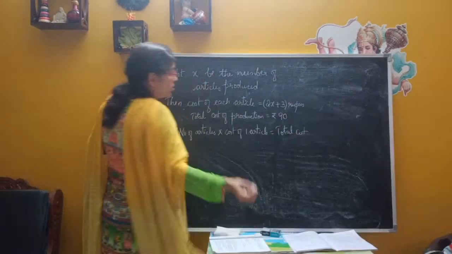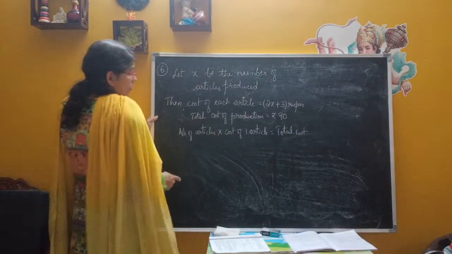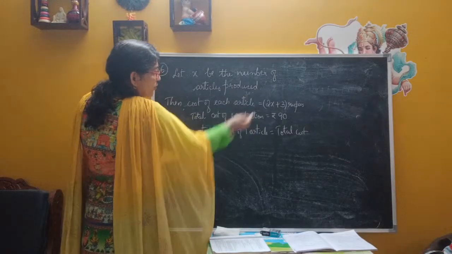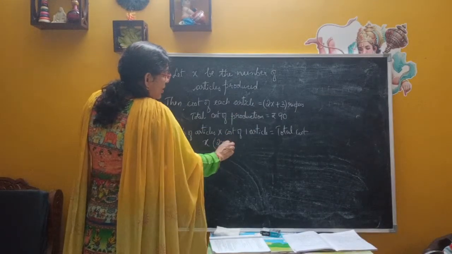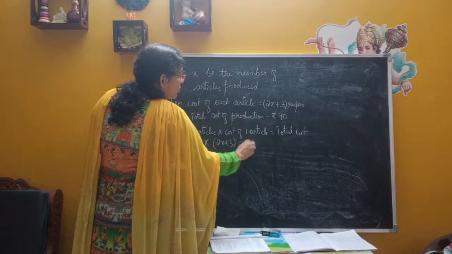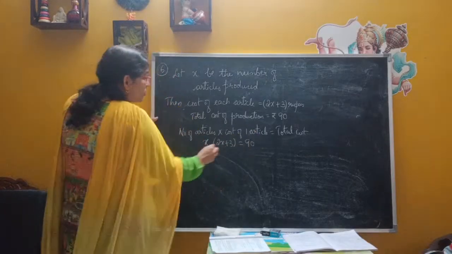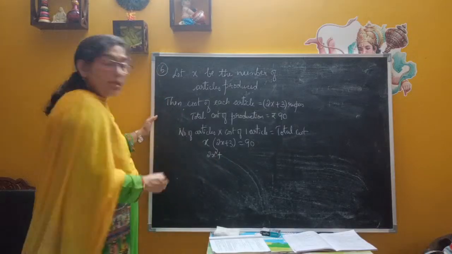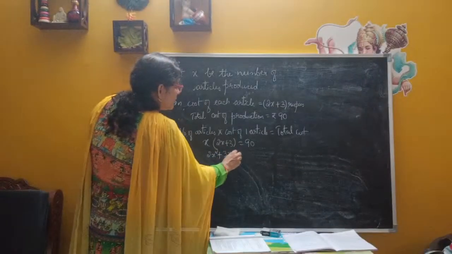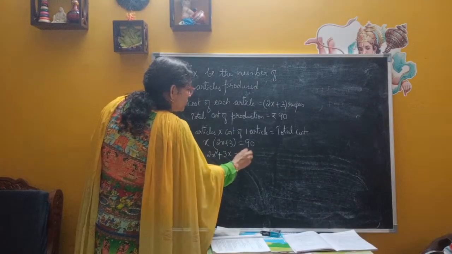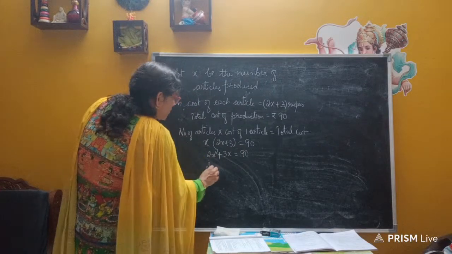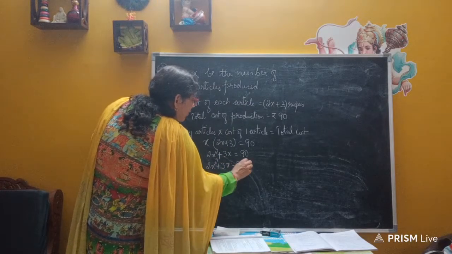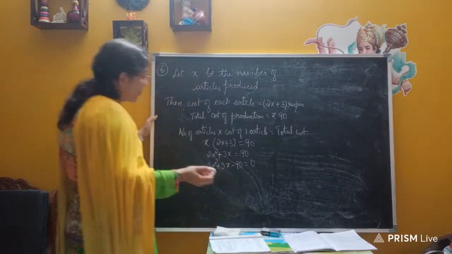Number of articles x into cost of one article 2x plus 3 is equal to 90. Simplify this now. X into 2x is 2x square plus x into 3 is 3x, is equal to 90. So transpose this: 2x square plus 3x minus 90 is equal to 0.